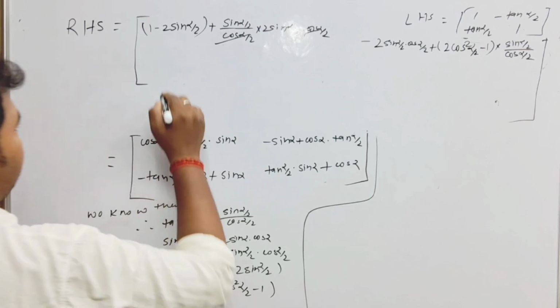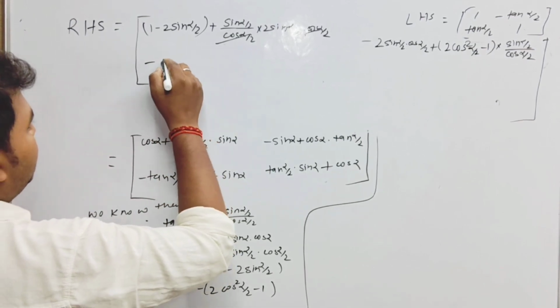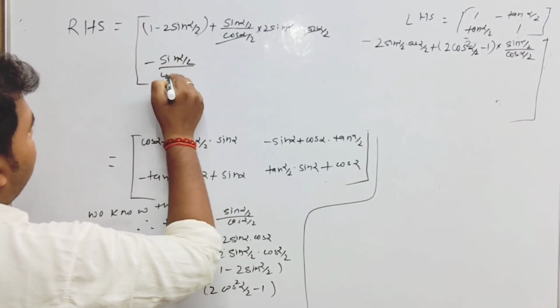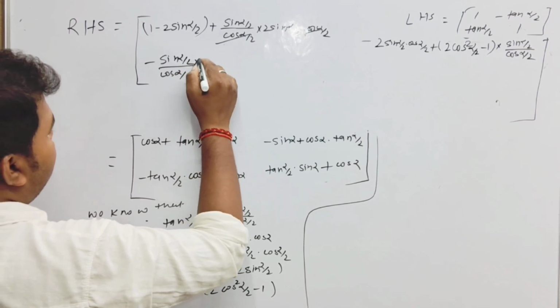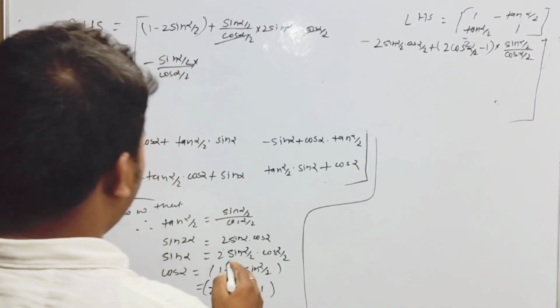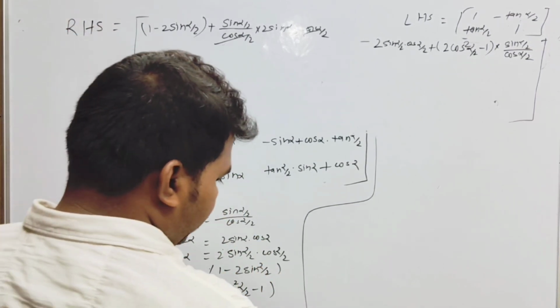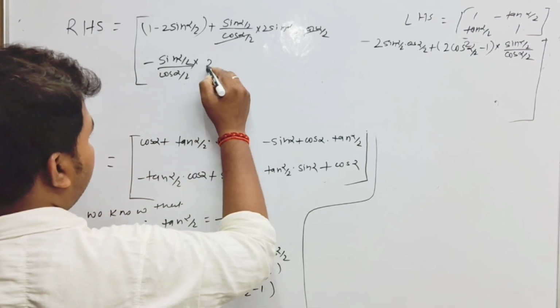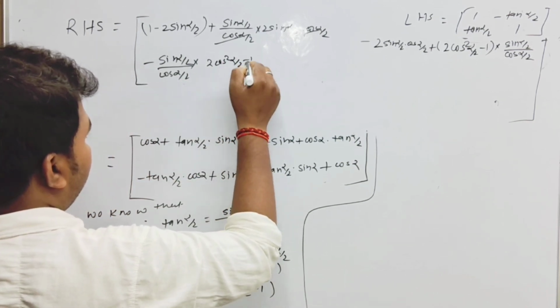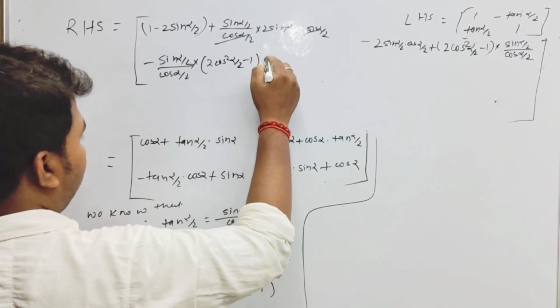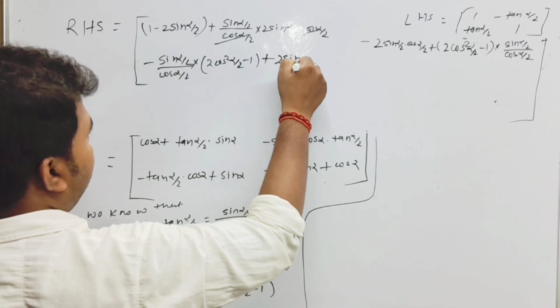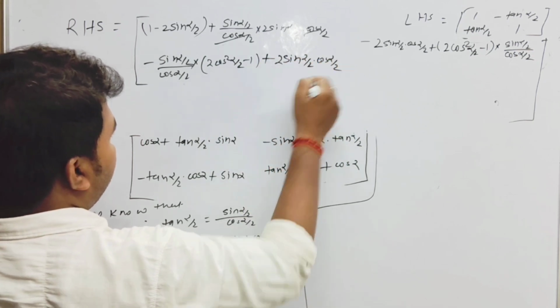Then we can write these places minus sin alpha by 2 cos alpha by 2 into that cos alpha is equal to, we can write 2 cos square alpha by 2 minus 1 plus 2 sin alpha by 2 into cos alpha by 2.